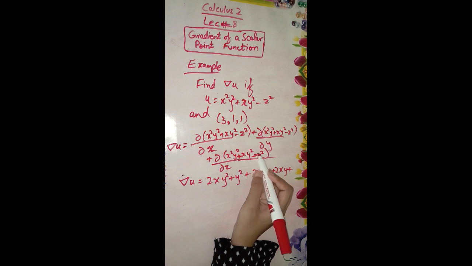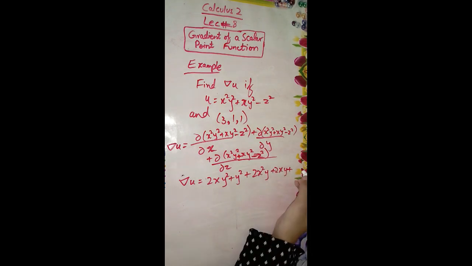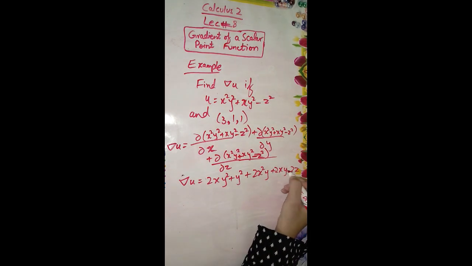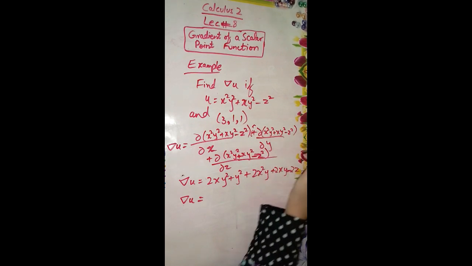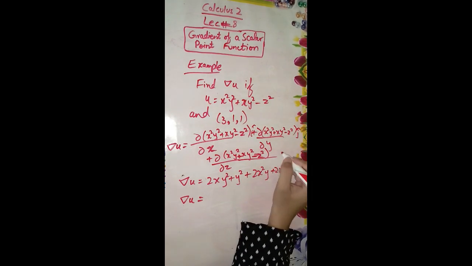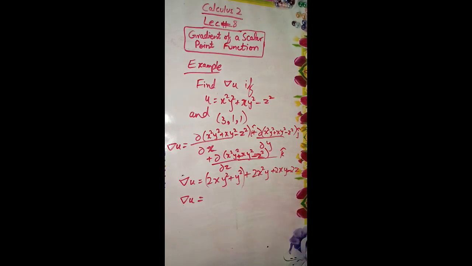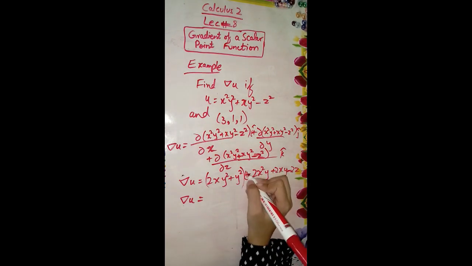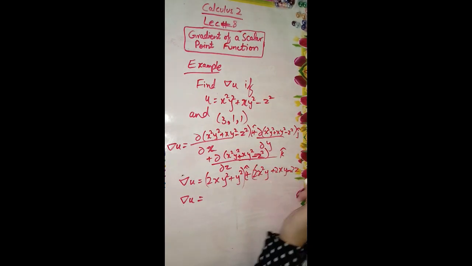We will only take the derivative of z, so it will be minus 2z. We have to write i hat, j hat and k hat here. These are our i hat and j hat, and this is our k hat.